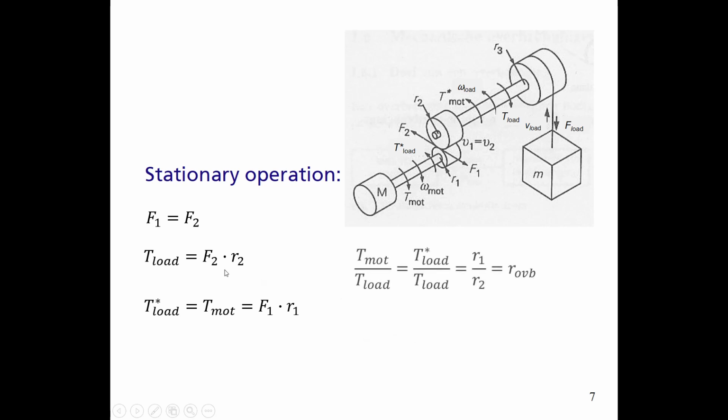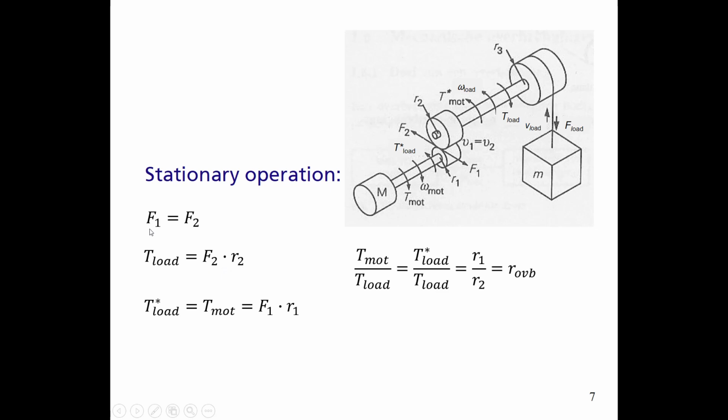So when we divide T motor by T load, we get F1 times R1 divided by F2 times R2.